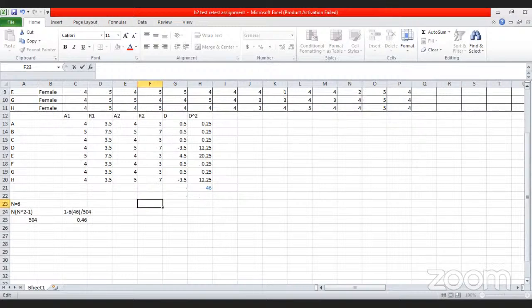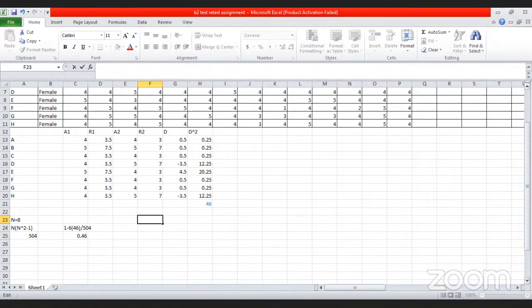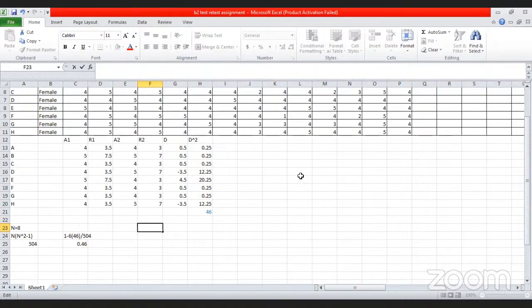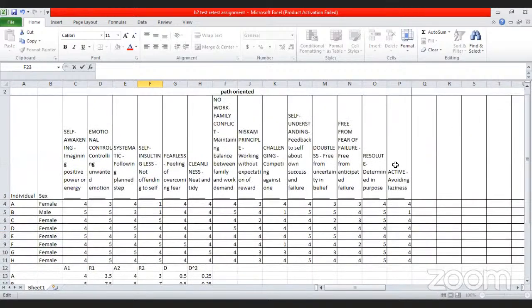Okay. So now I will show you the Wilcoxon, to test if there is a difference between the test and the retest or not. For that purpose, I will accumulate all the values for each individual. Like we have the 14 values under the path oriented.